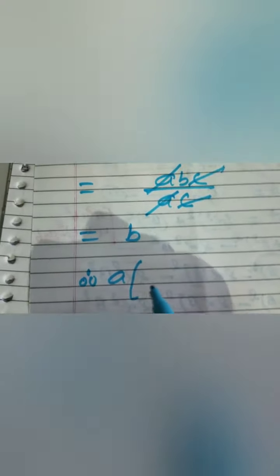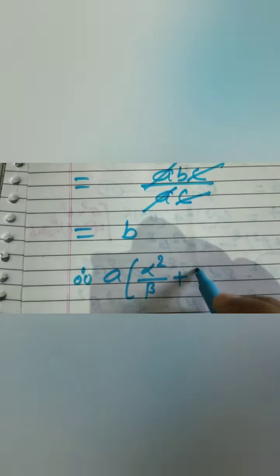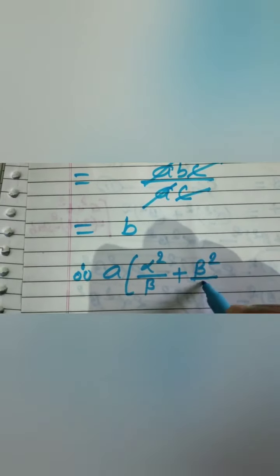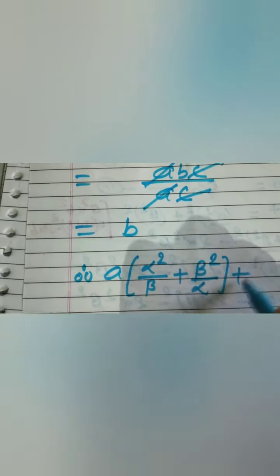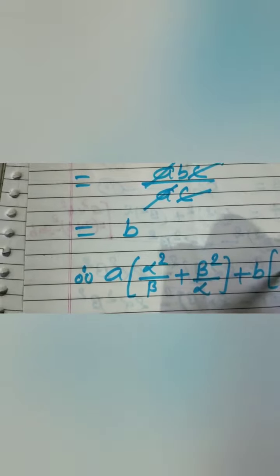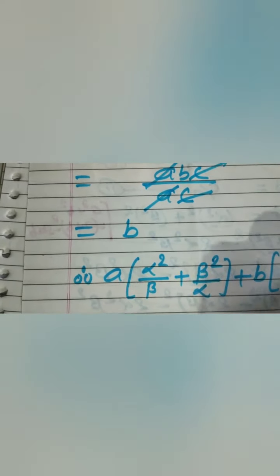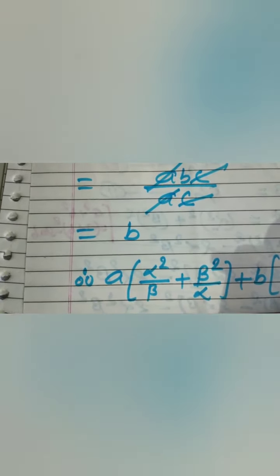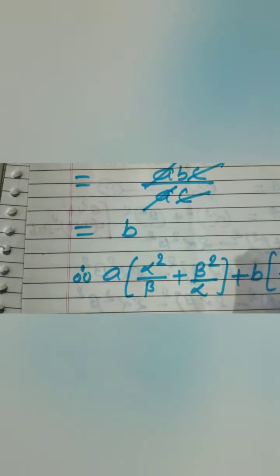So therefore the value of the given expression a into (alpha square by beta plus beta square by alpha) plus b (alpha by beta plus beta by alpha) is equal to b. Answer.